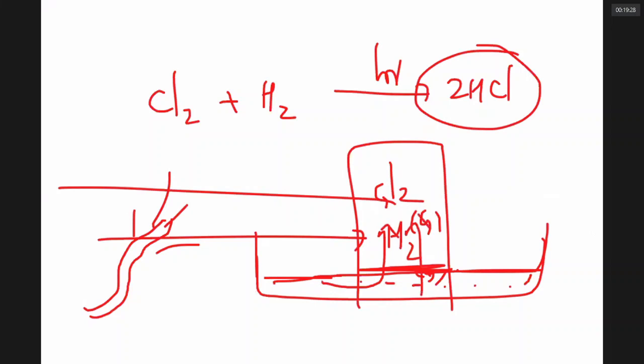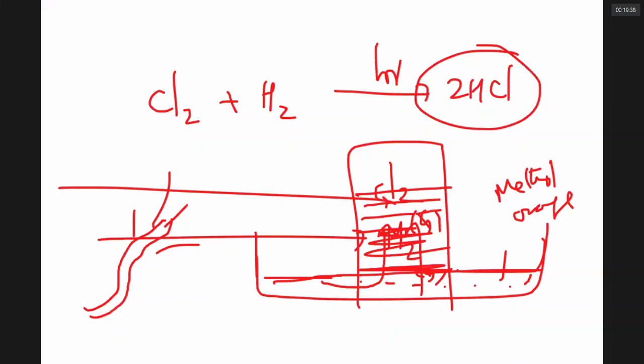Therefore, water will gush in. And if I add a little bit of methyl orange here, when the water goes in, it gets a bright red color. So you can see the following changes the moment you put a torchlight.